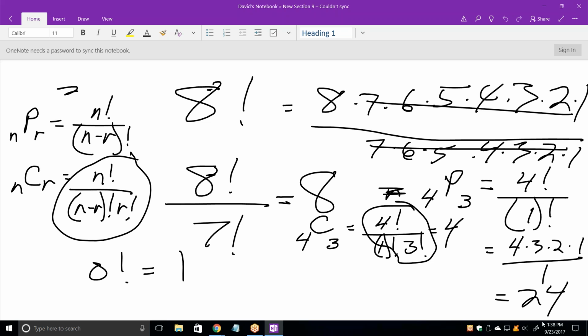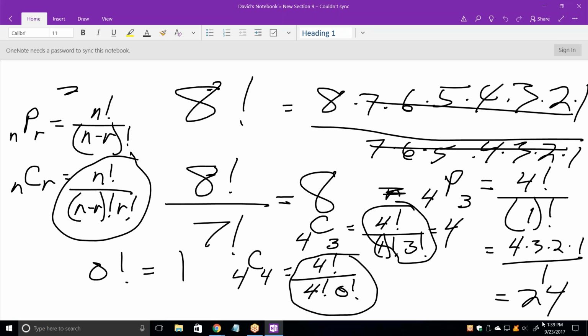For instance, if you had 4 choose 4, that would be 4 factorial in the numerator, 4 factorial in the denominator times 0 factorial. Well, that's equal to 1. 0 factorial is not 0, it's 1. It's kind of like 0 to the 0 power is 1.